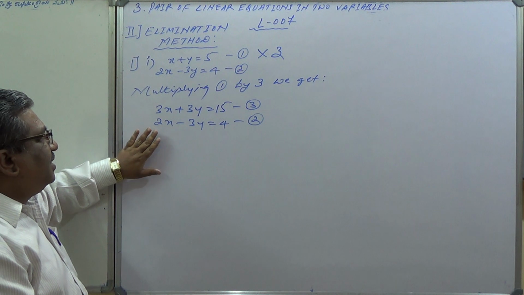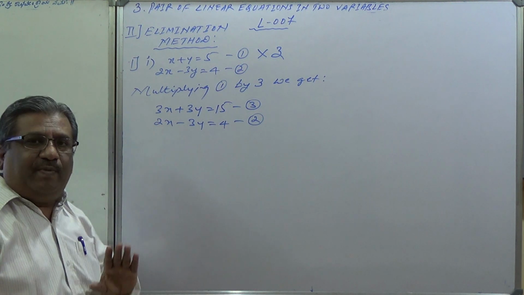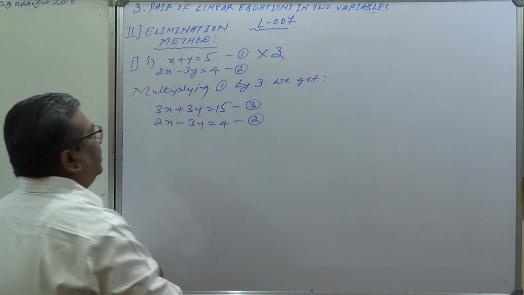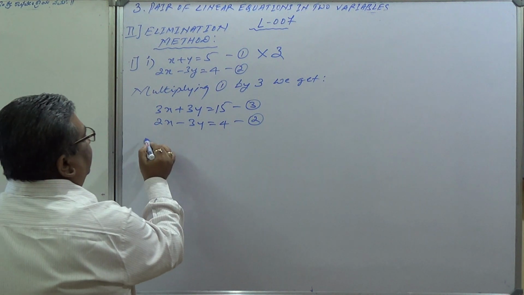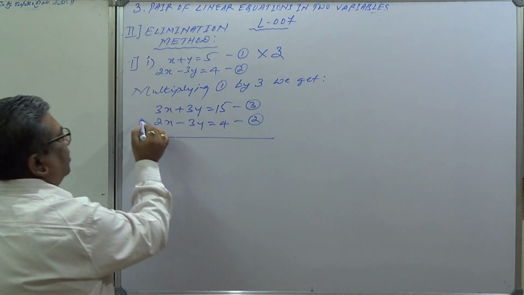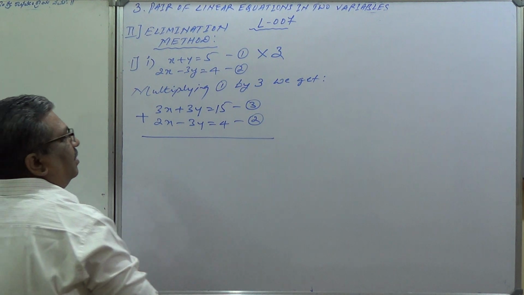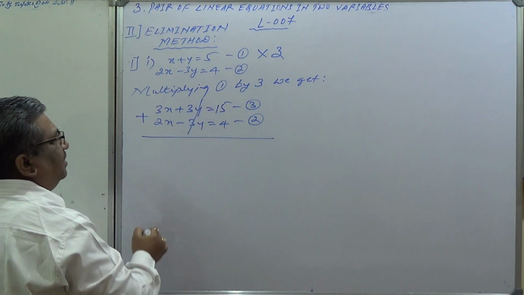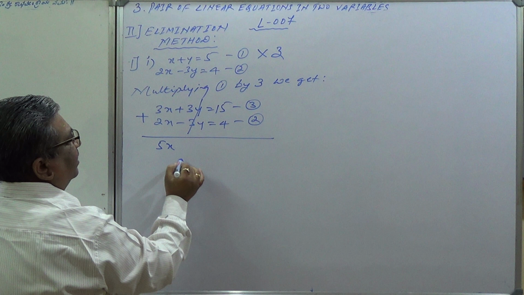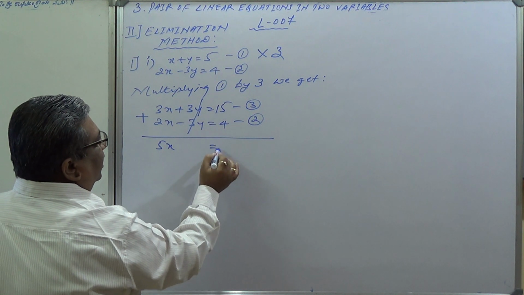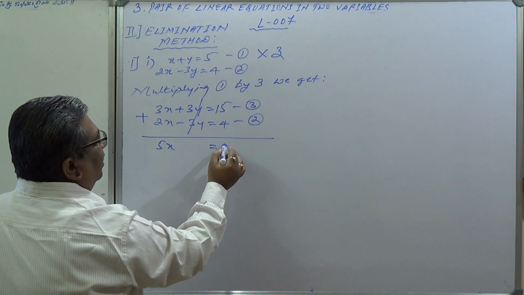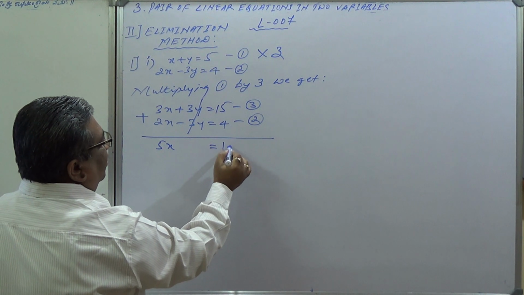We will get the equation in single variable x, and I should be able to solve this one. So, let's see how to solve this one. Here itself, I will put plus, so that this will get cancelled. 3 plus 2, 5x plus 0 equals 15 plus 4, 19.